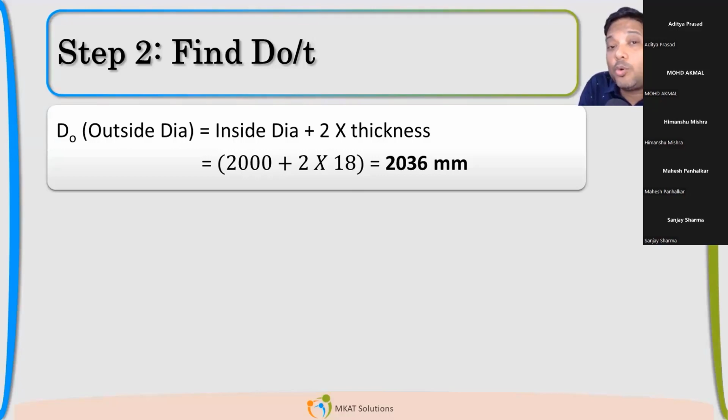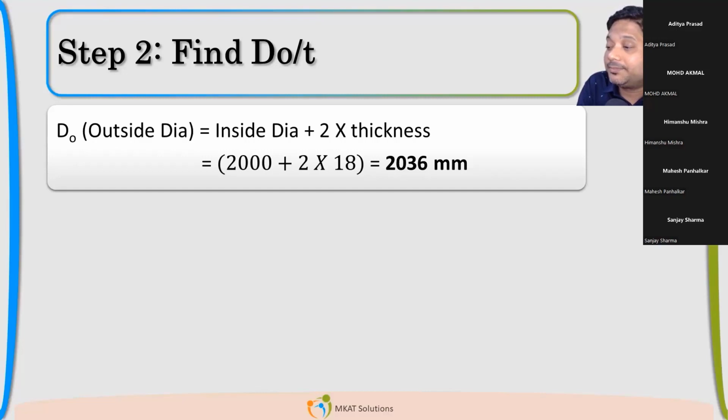The OD was completely painted and there is no corrosion happening at the OD. So the OD, which was 2036 at the start, is not going to change. After corrosion loss, what changes is the ID, which will increase to 2006. Not the OD.